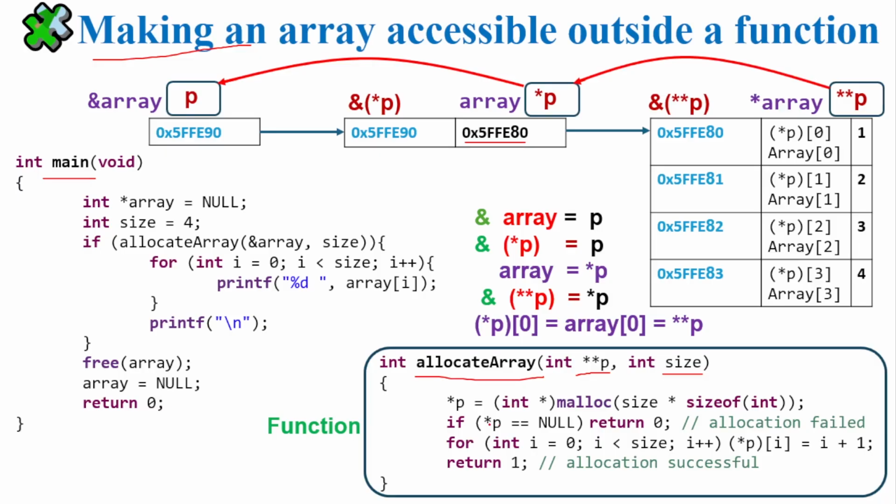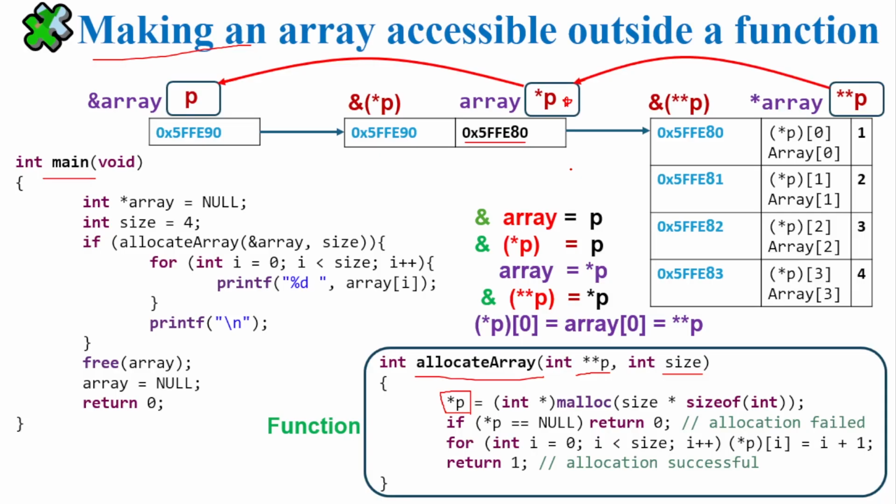Note 1, as explained in the previous video, a pointer storing the base address of an array can be indexed like the array name itself, allowing us to write or read values directly from the array. Note 2, similarly, the array name itself stores the base address of the array, so all operations that can be done with the array name can also be done with a pointer pointing to it.